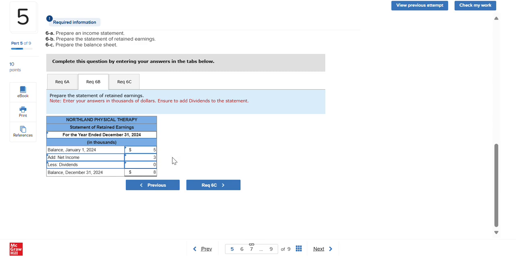So I added up the beginning balance and the net income, 5 plus 3, and I got 8,000 for the ending balance at the end of the year, December 31st. And this statement shows how much of the company's profit was kept in the business instead of being paid out.